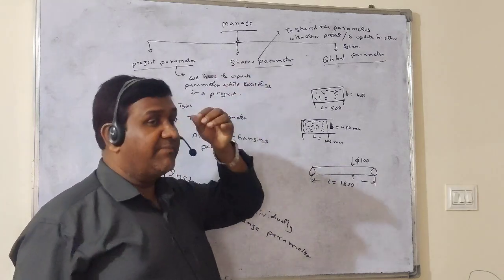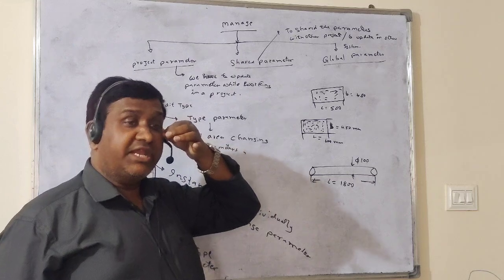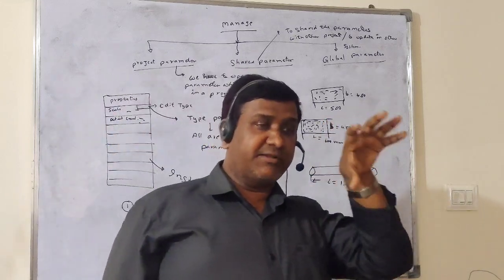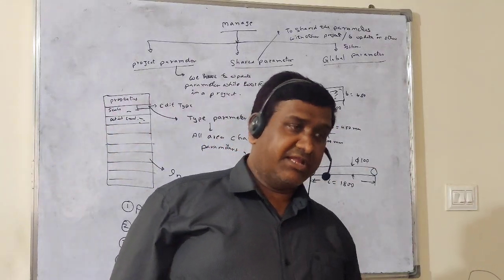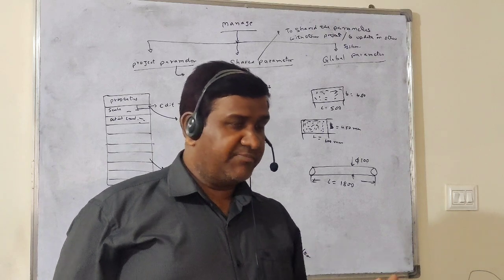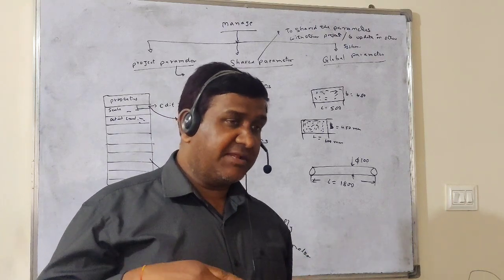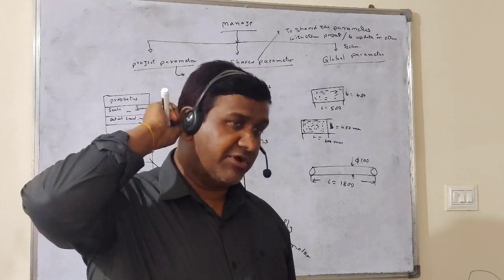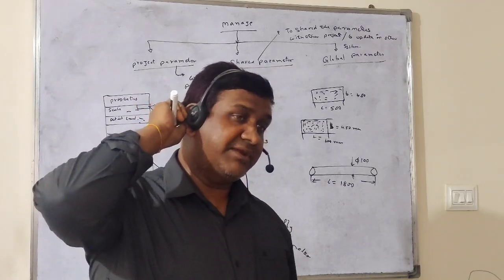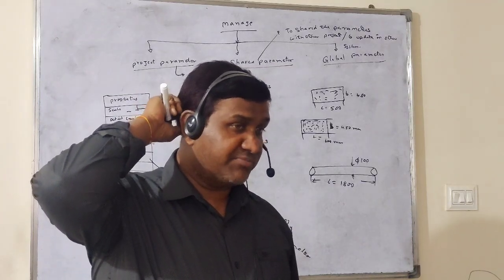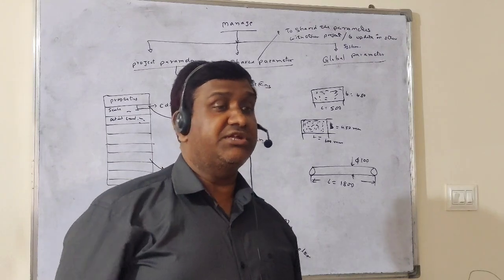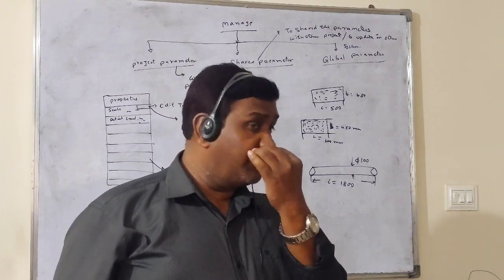But come to shared parameters, what will happen? If you create parameters for a project, they are utilized in the present project which you have worked on. But after closing that project, if you open a new project, the shared parameters we created for the previous project are shared automatically. Again it becomes available for the new project.